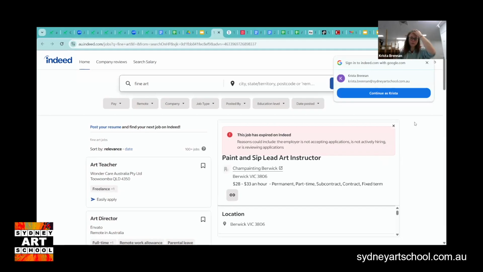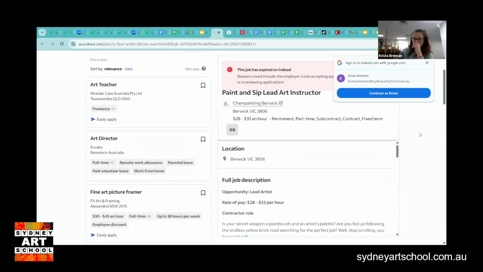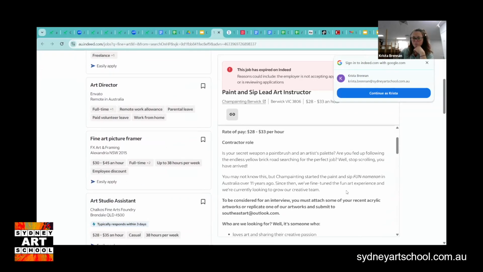But this is an example that I even mentioned last week, talking about paint and sip opportunities. This is a teaching opportunity from a traditional website, from Indeed: paint and sip lead art instructor. It's in Victoria, but there are plenty of places in Sydney that are also doing similar things. This is a sort of job opportunity that you might find on a traditional website.